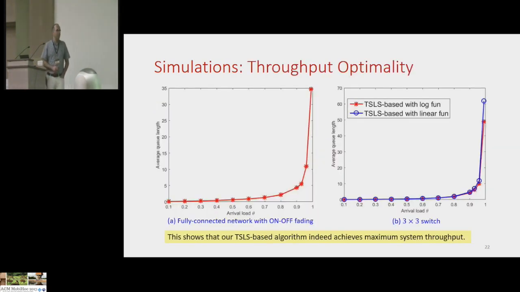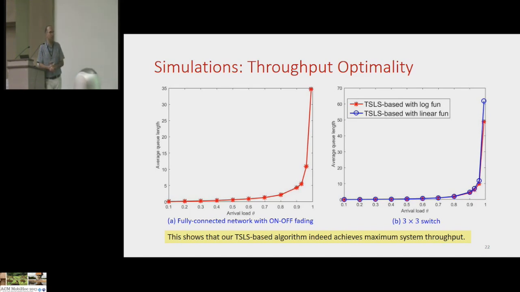The first thing we did was confirm the throughput optimality result we analytically proved. But we also looked at the case where the choice of the function is not logarithmic but some other choice, in particular the linear. In the on-off fading case we obviously have stability.